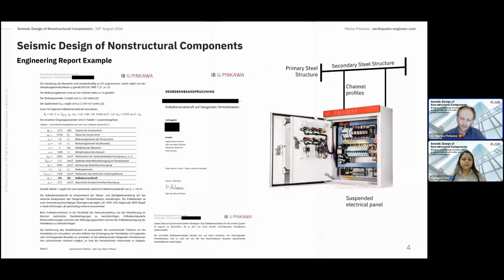So this is just a random picture from the internet, but the situation was similar. It was a suspended electrical panel connected to a secondary steel structure and then finally to a primary steel structure.